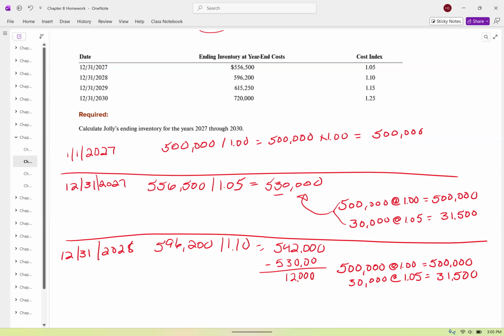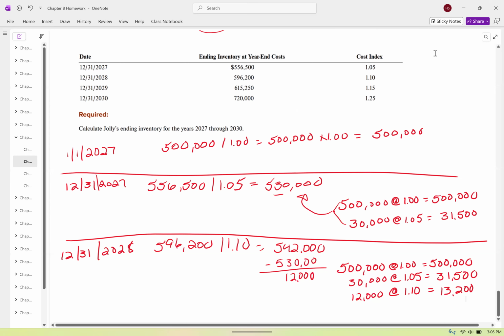That layer is being created in this year 28, where the cost index is 1.10. So we're going to take 12,000 and multiply that times 1.10. And that gives us 13,200.